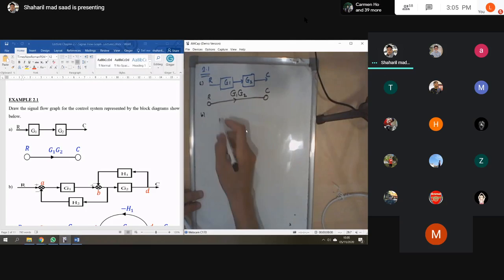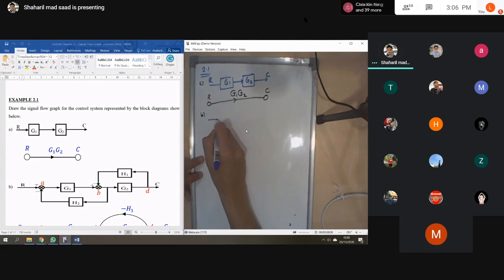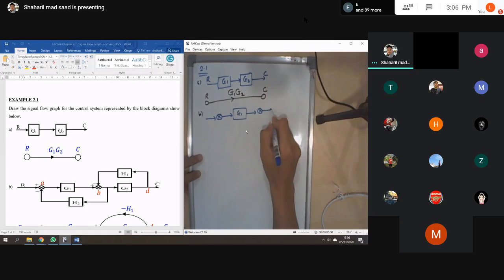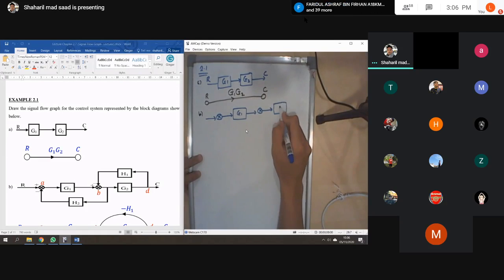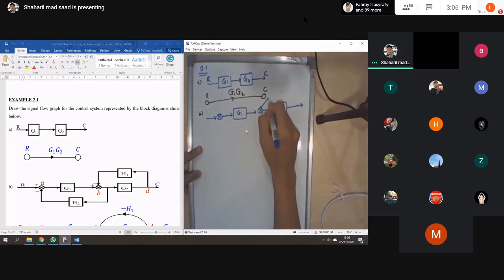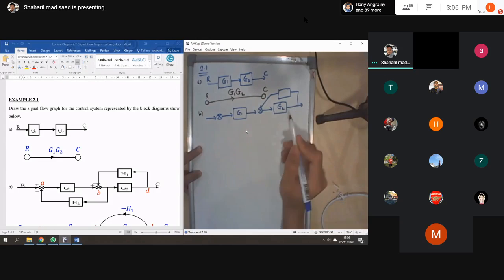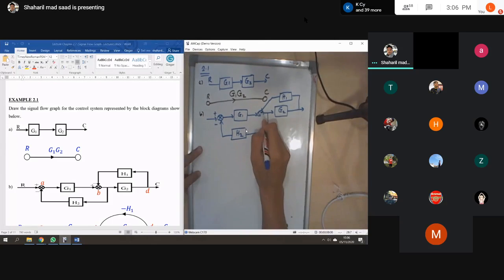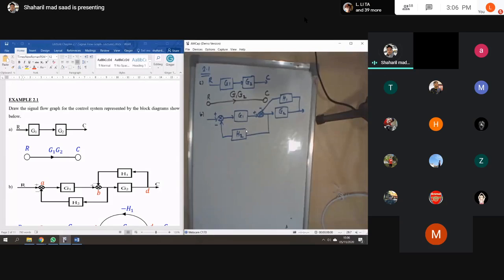Let's say you have another block diagram with G1, H1 and H2, and a plus-minus sign.